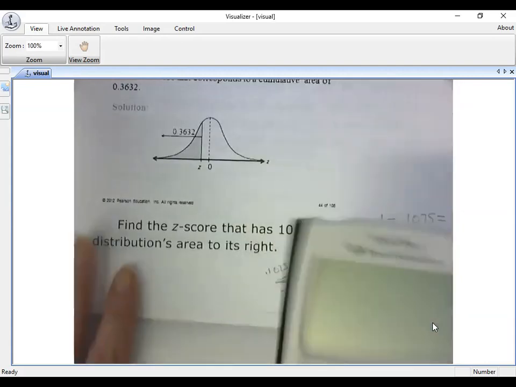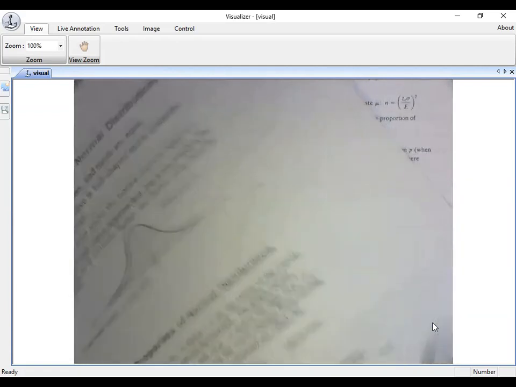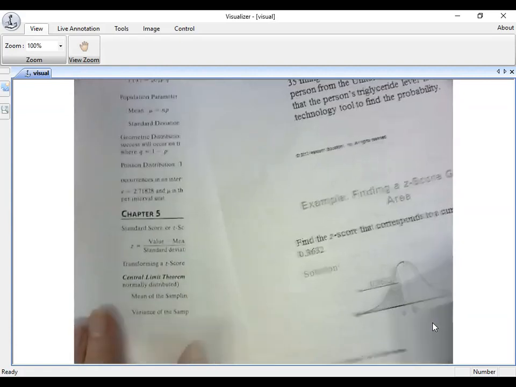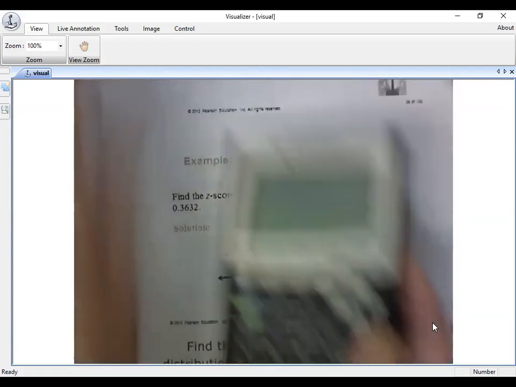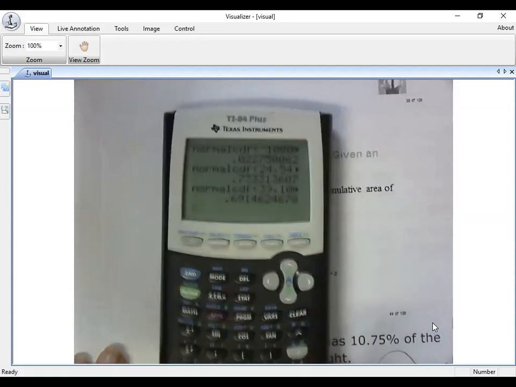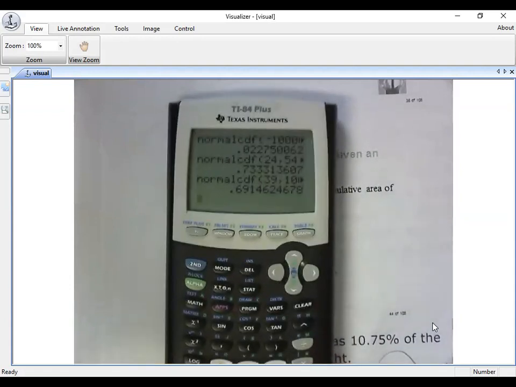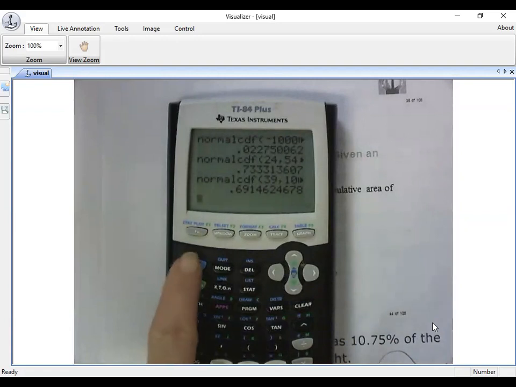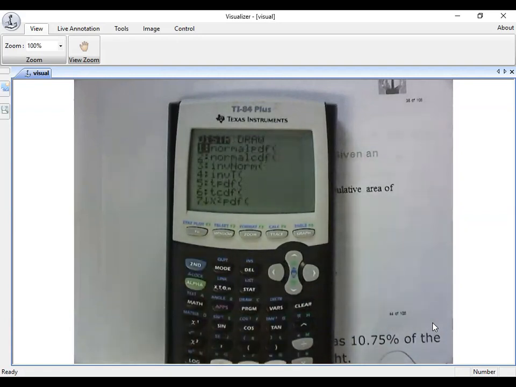If we were trying to get the z-score, actually that one's not on here. So we were trying to get it that goes with the percentile of 5. If I want to use the calculator on any of these where I know the area and I want to get the z-score, here's how you do it. Go back into second bars, but instead of normal CDF, do you see what number 3 is?